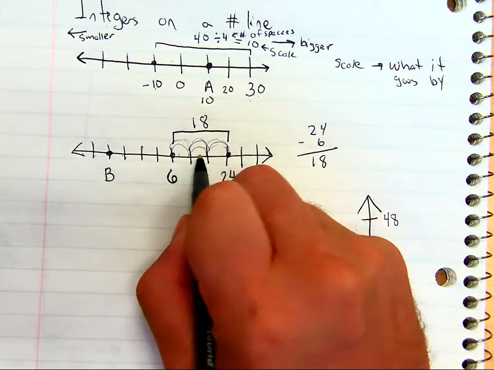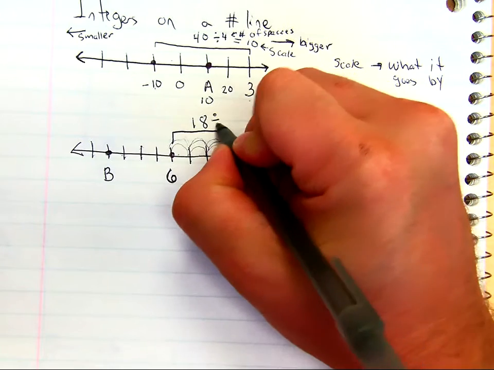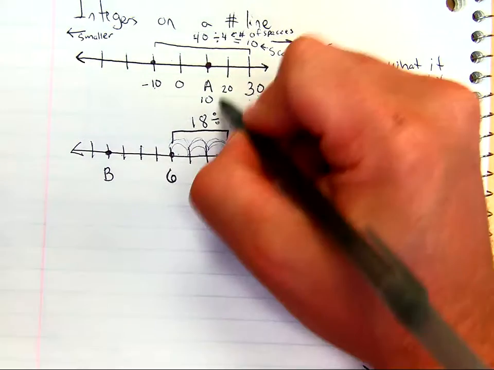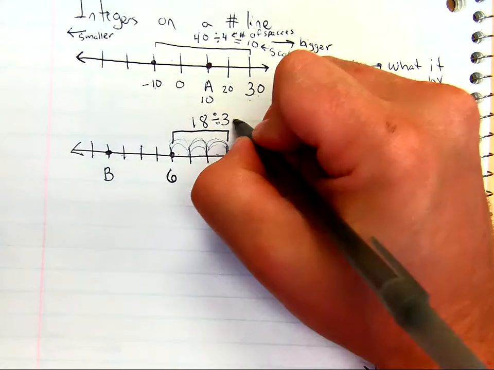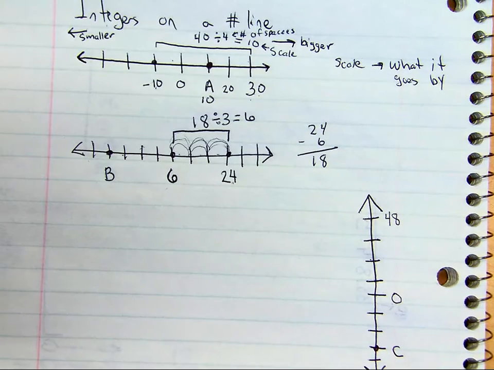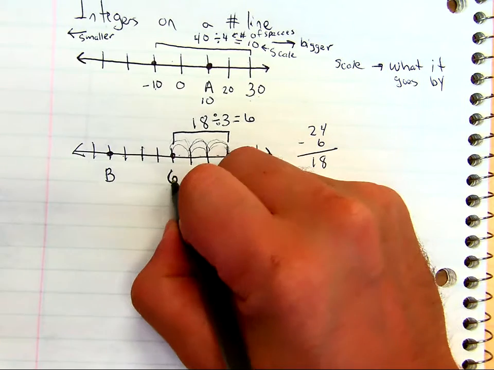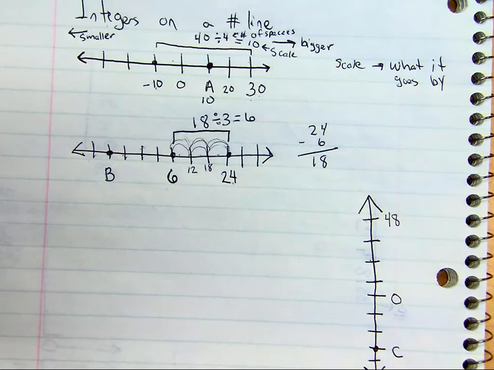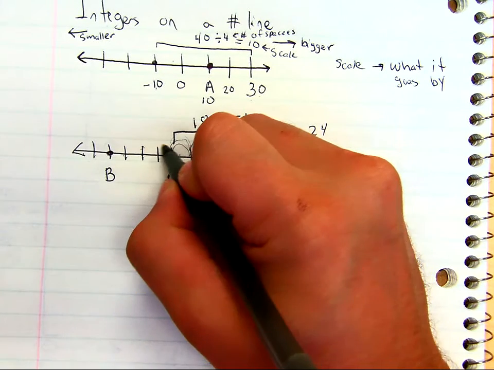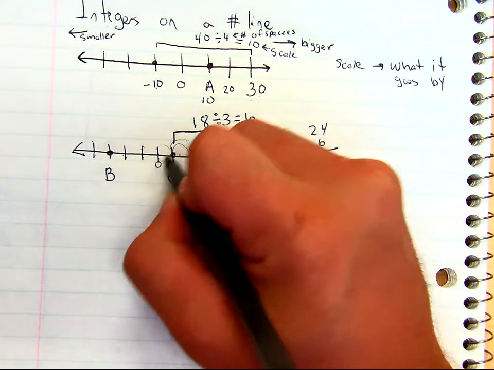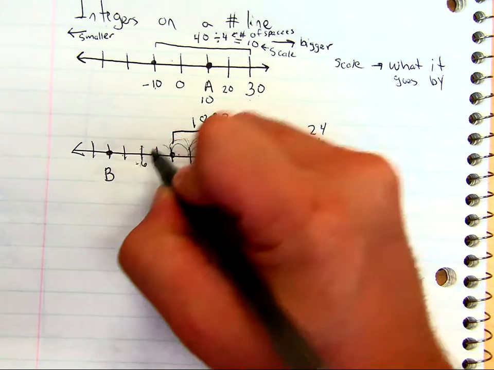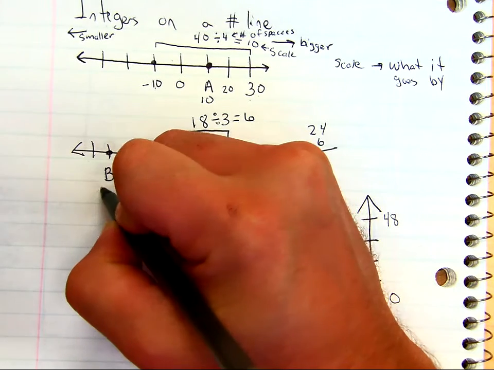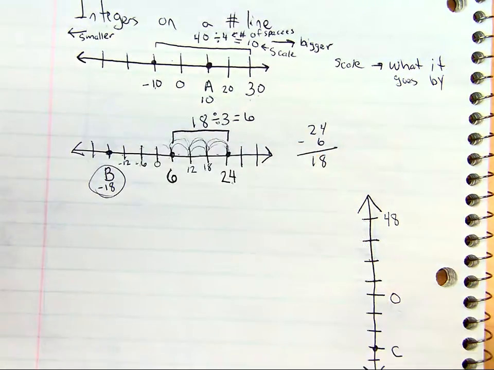And there's 1, 2, 3 spaces. So 18 is being divided into 3 equal parts. It means each part is worth 6. So 6, 12, 18, 24. Well, if I'm going down by 6, that would make this one 0, -6, -12, -18.